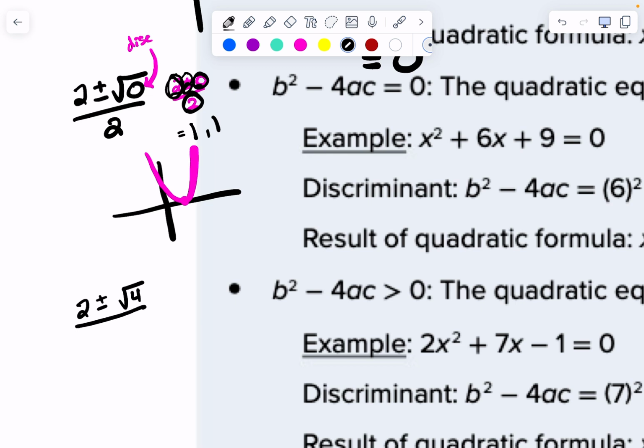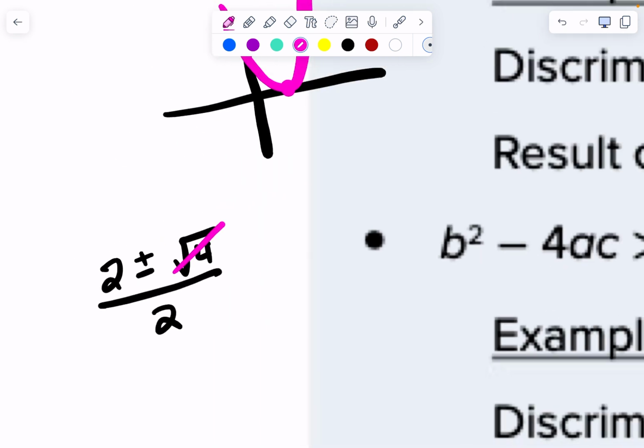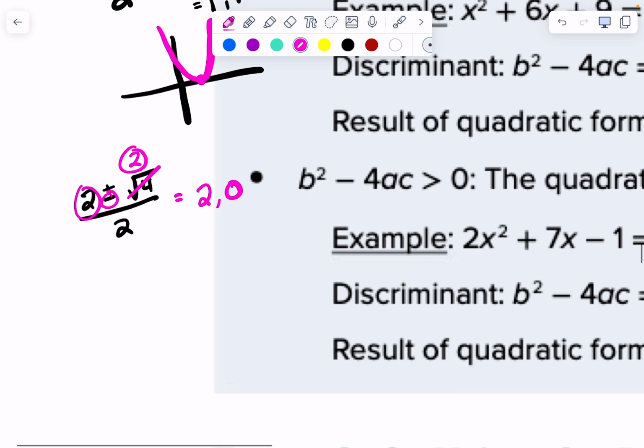Here's your example. 2 plus minus the square root of 4 over 2. What is the square root of 4? 2. What is 2 plus 2 divided by 2? 2. What's 2 minus 2 divided by 2? 0.